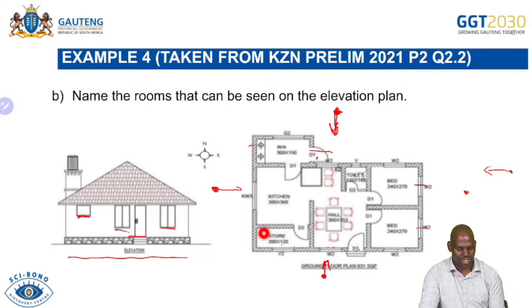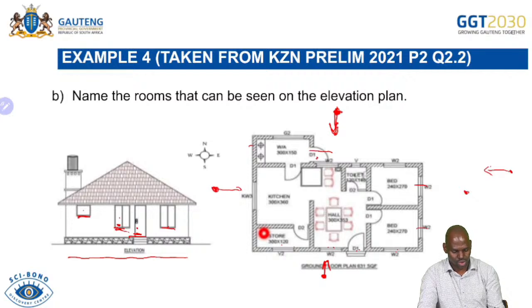But the question is, name the rooms that can be seen on the elevation plan. So this window will represent the store, and this one will represent the hall. And this one will represent the bedroom. This window and the door are for the hall.